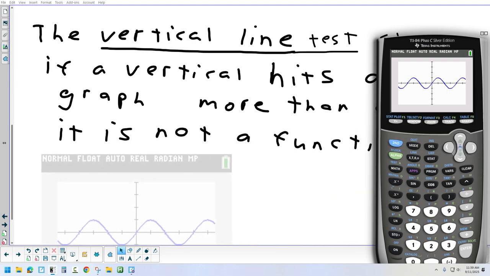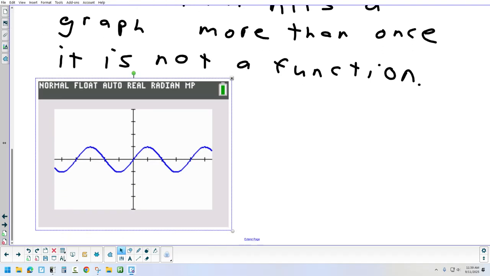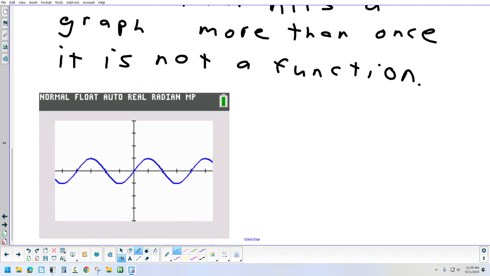Is that a function? Yes, this is a function, because no matter where you put a vertical line, it will never hit the graph more than once.